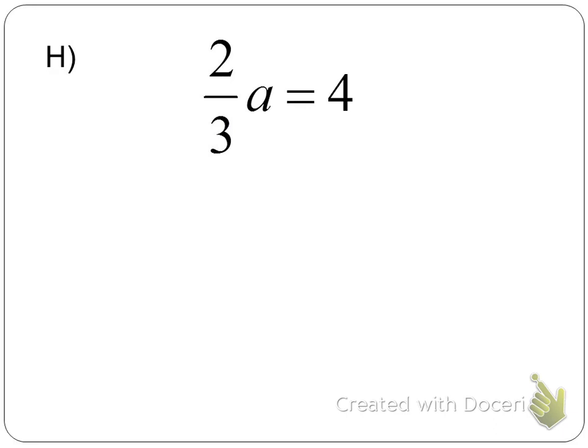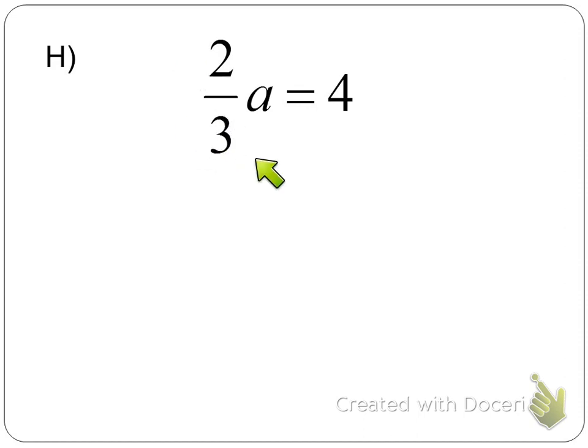All right, here's H. Again, this is kind of another little twist that you might see when you are multiplying by a fraction. Remember, the whole point is that we want to get the variable by itself. So A is the same thing as 1A. So you want to turn this into 1. The way we do that is we multiply by the reciprocal.